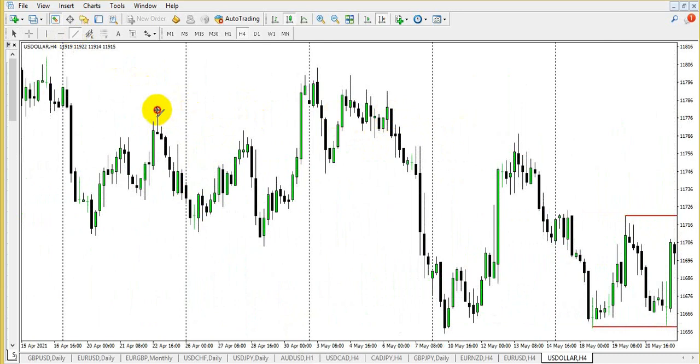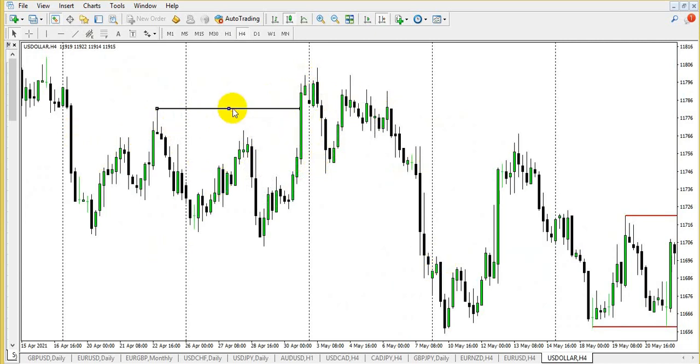For example, these highs here, they're relatively equal. This high, this high, this high, they're relatively equal. Now I want to see price take out liquidity by a wick or two, then continue its move downward like that.